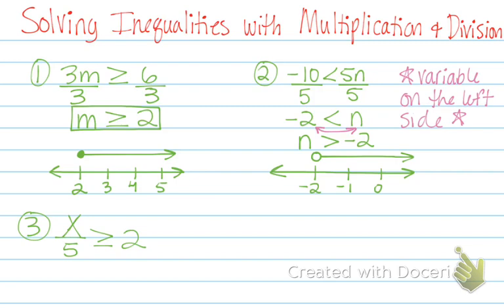If I do times 5 over here, that's going to make it so that 5 divided by 5 is 1, and I'm just left with the x. But whatever I do to one side, I have to do to the other, so I'm also going to multiply this 2 by 5. Okay, we have that variable on the left side, and so that would be how we want to write our answer.